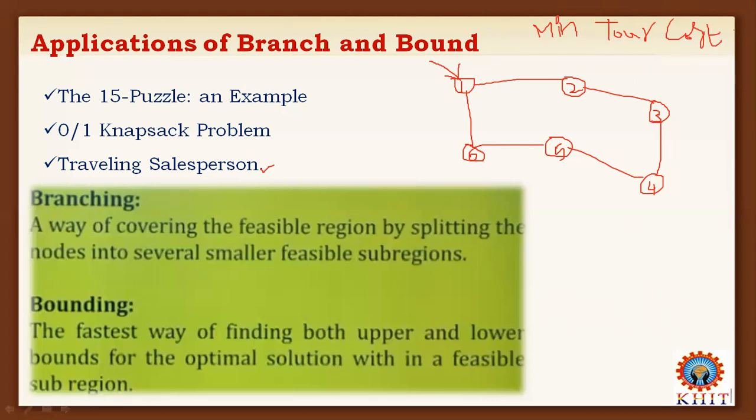In the traveling salesman problem, a person can start from one starting city. He has to visit all the remaining cities exactly once, and he has to reach the original city where he started. And finally the minimum route is to be identified. That is called the traveling salesman problem.